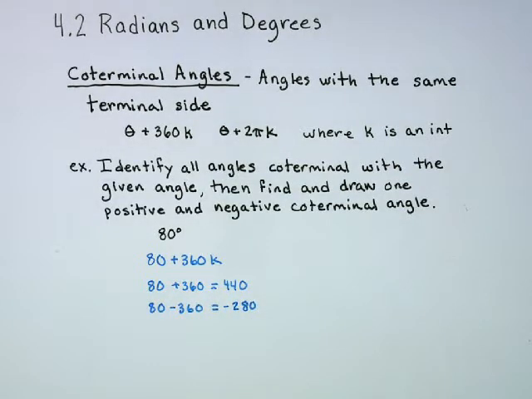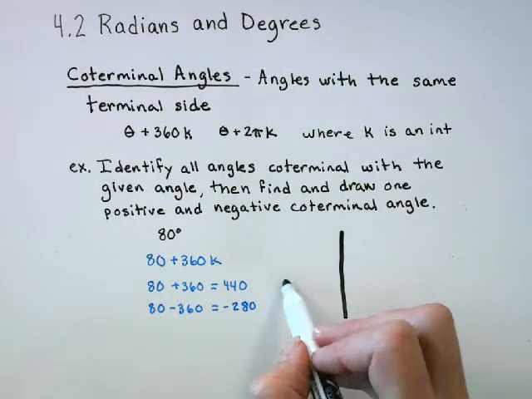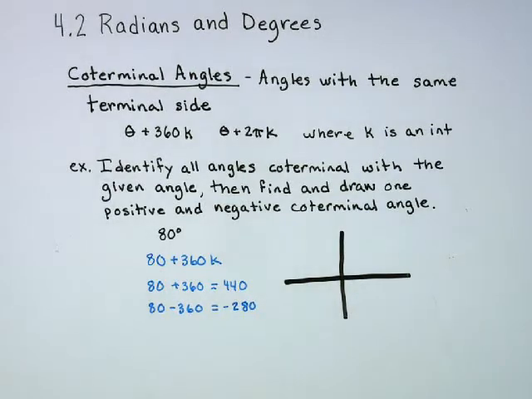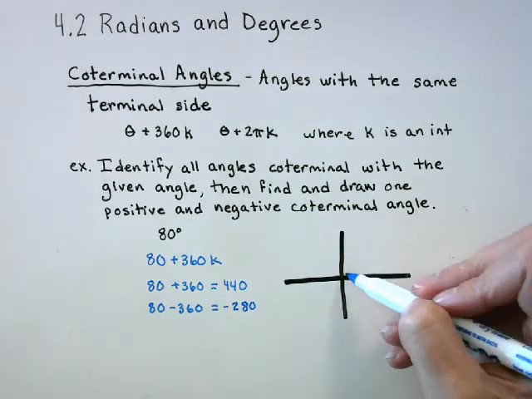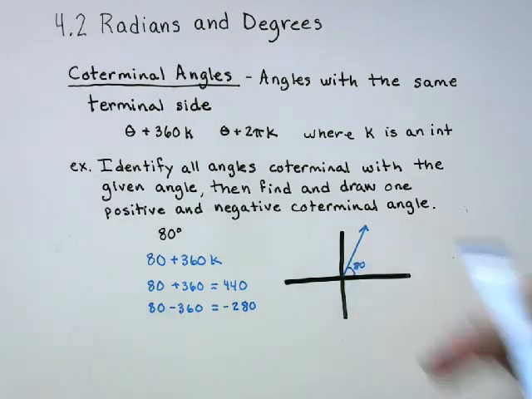To draw that, okay, 80 degrees would be about here-ish. So that's 80. We're not going to draw another angle because if they're coterminal, it's the same thing. It's just how we get there.